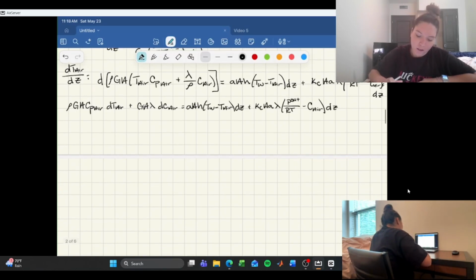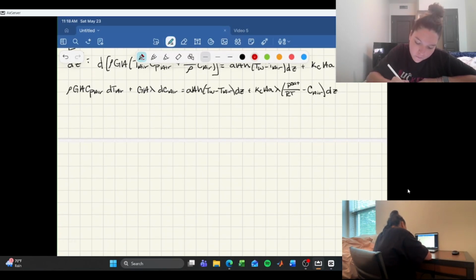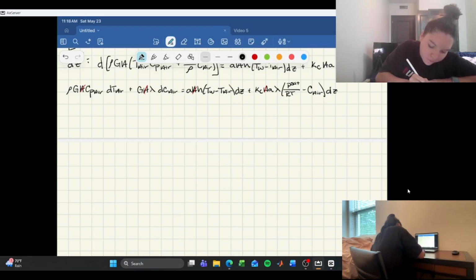So then the areas will cancel. There's that, and this can be rewritten.